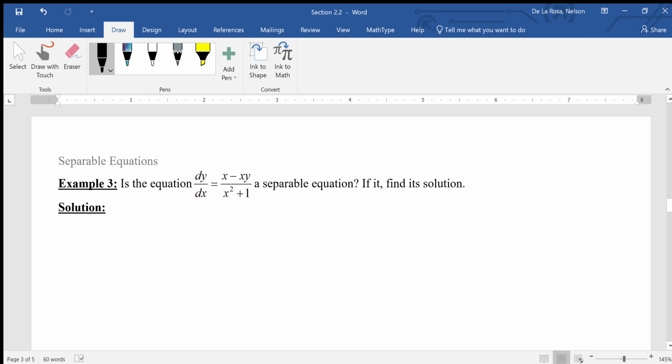Example 3. Is the equation separable? If it is, find the solution. Well, let's see. If dy/dx equals, I believe that we can factor the top of the right side, so we have (1 minus y) over (x squared plus 1).